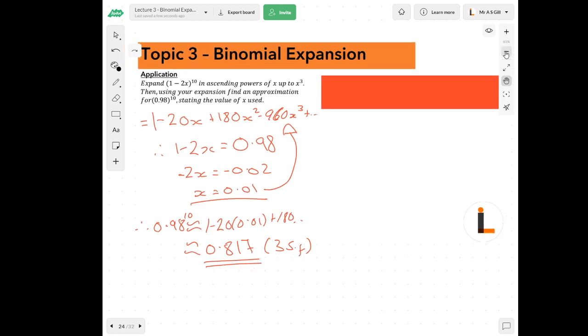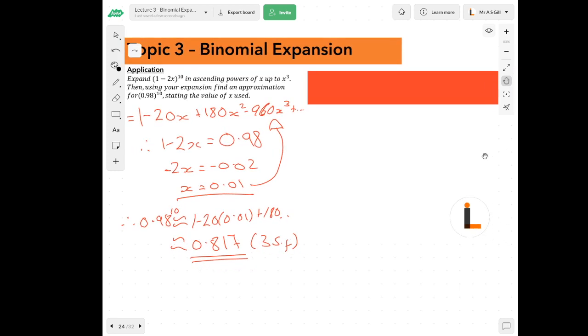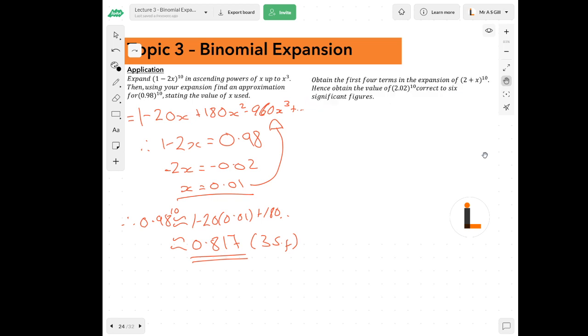Okay, so let's have a go at this question on the right hand side now. Again, a very similar one. I'll give you a couple of minutes to go through and have a go at doing that, and then I'll go through the answers as well.